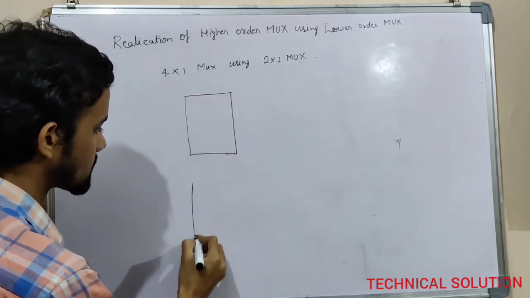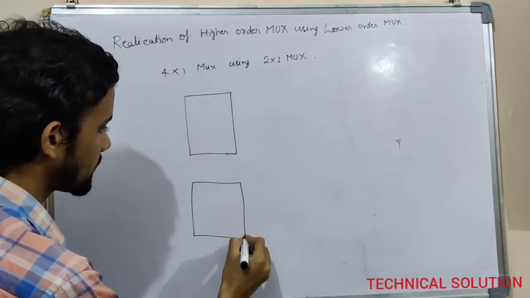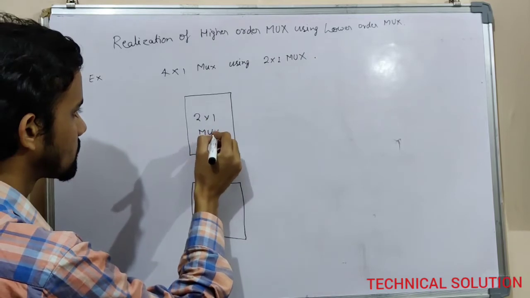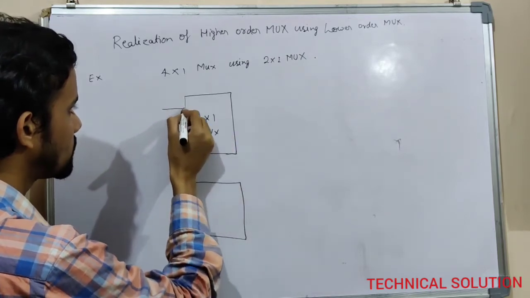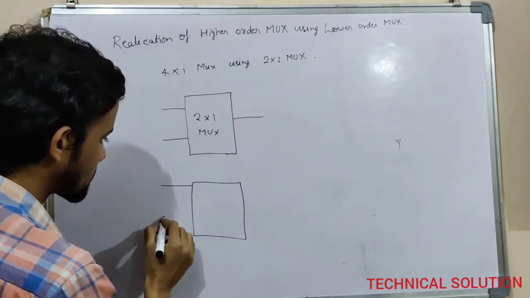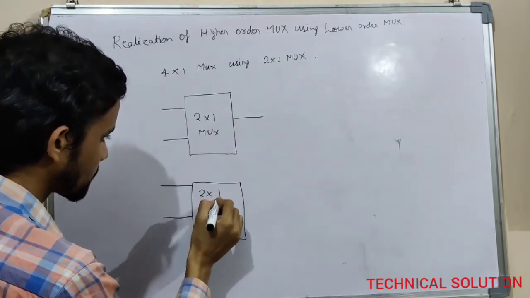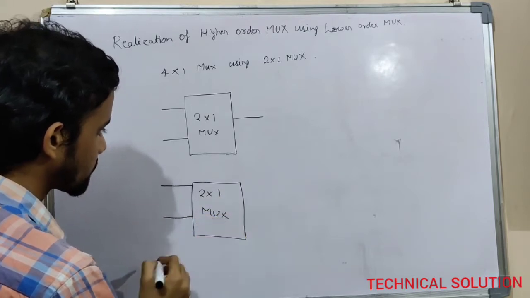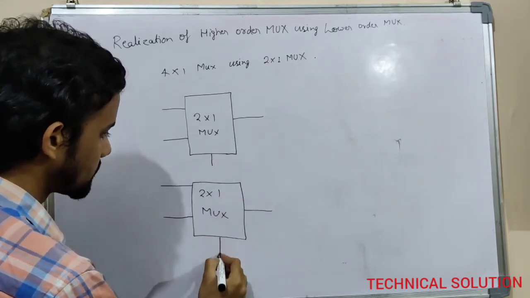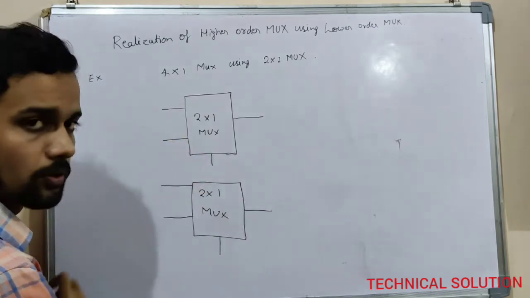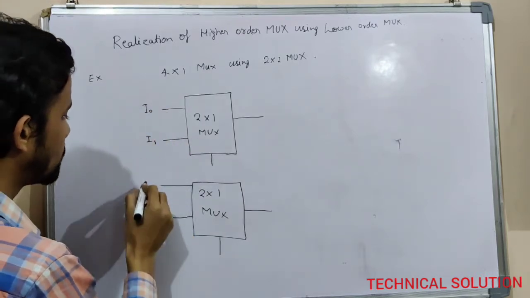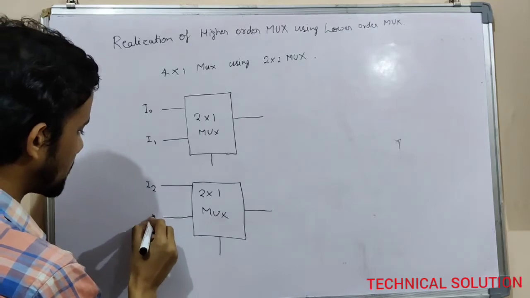For the realization of 4x1 mux, in which there are 4 inputs, this is a 2x1 mux in which 2 input and 1 output, and this is another 2x1 mux in which 2 input and 1 output, and there is one selection line. Combinedly these are 4 inputs, and I named them I0, I1 here, and I2, I3.